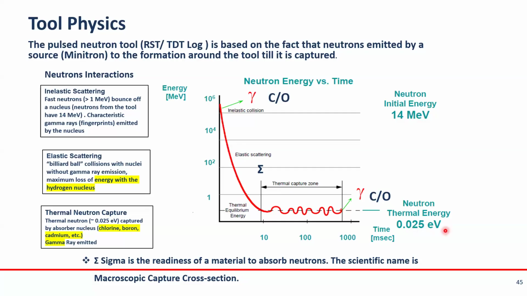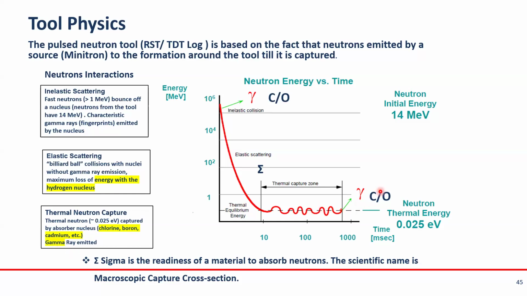It stays at the thermal energy until it is captured by chlorine, boron, cadmium, and so on, and it emits gamma ray.